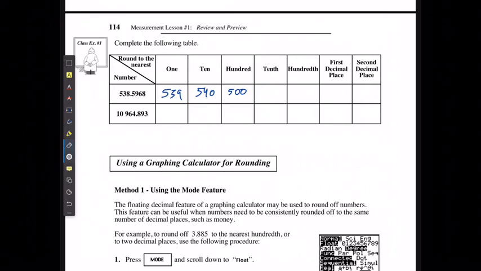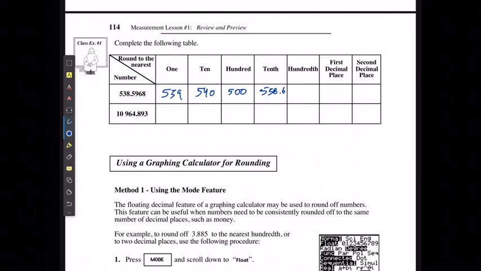If I go to the nearest tenth, then after the 10th, the 100th is a 9, so it's going to round up, and it's going to be 538.6.